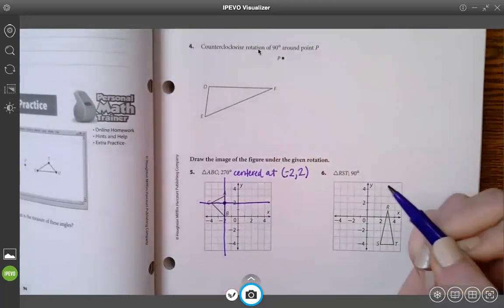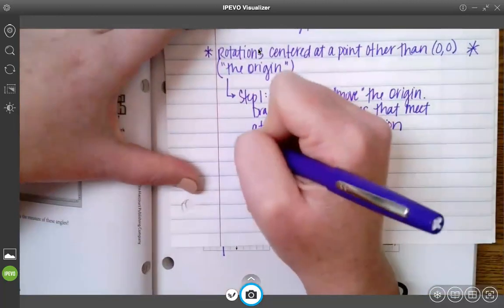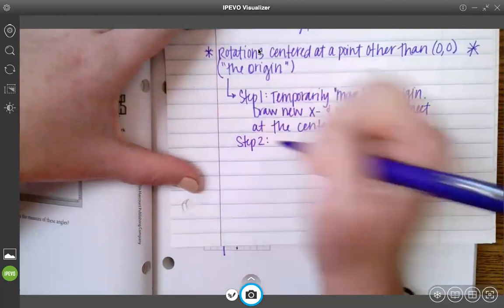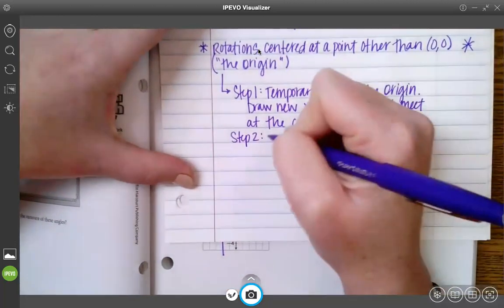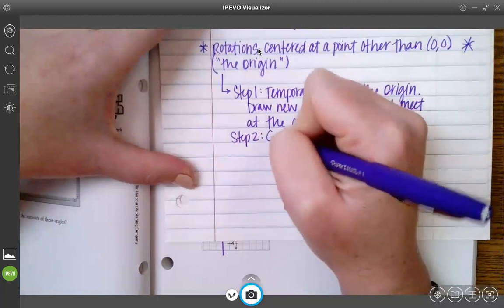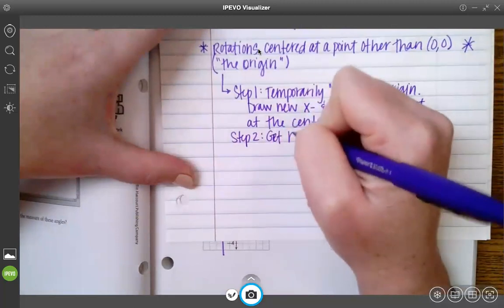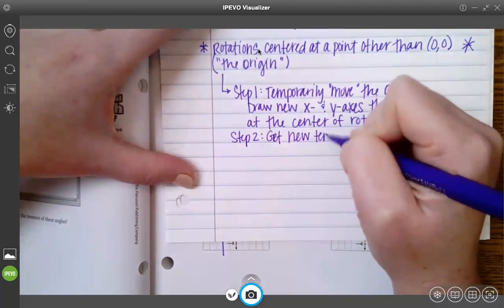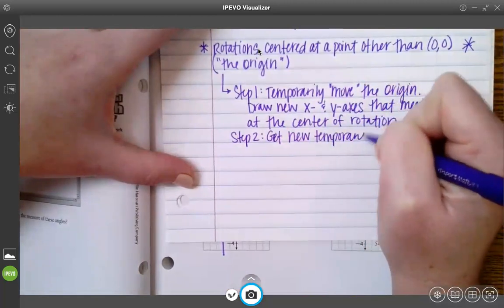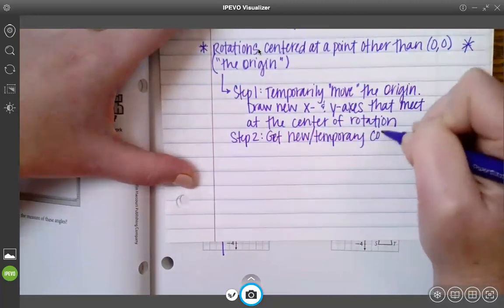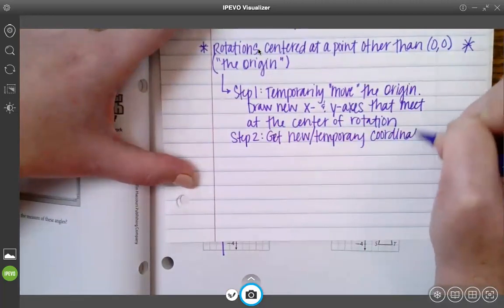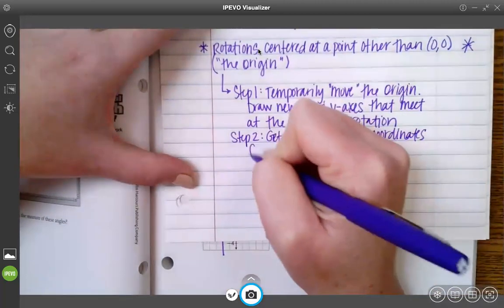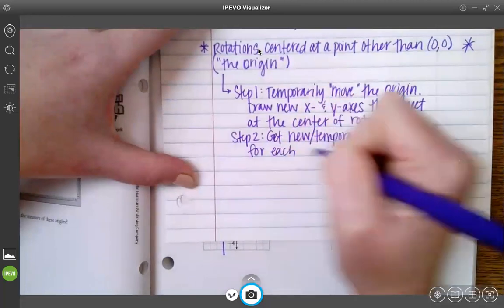And then after I have done that, step 2, you're going to give yourself new coordinates. Get new temporary coordinates for all of the points, or for each point.